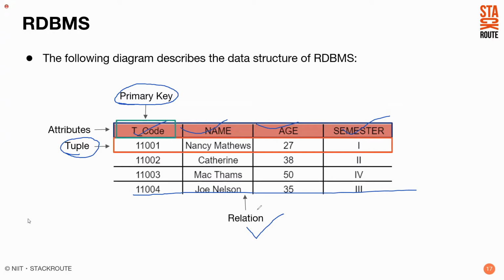Ma'am, I have a confusion regarding attribute and tuple. The attributes are the names of the keys, right? And when those blocks contain data, they are called tuples?